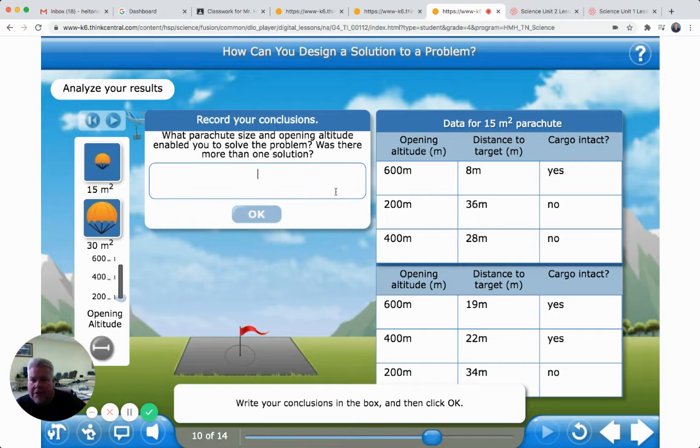So we should use the 15 square meter parachute at an altitude of 600 meters. That's the only one that worked for the criteria we had to meet.